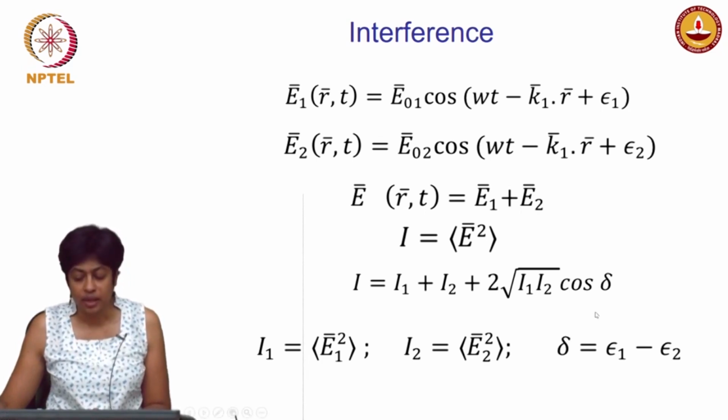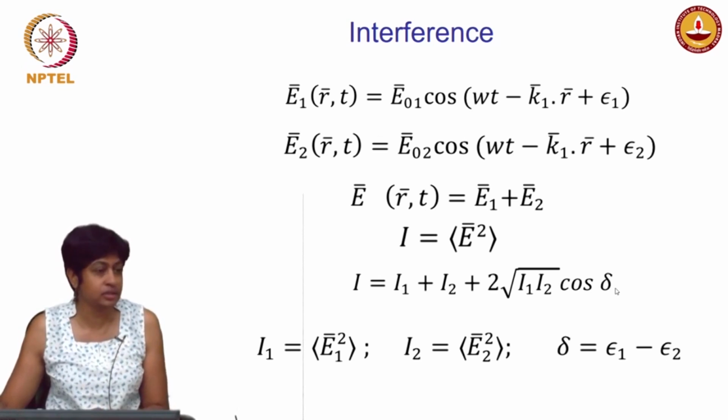Okay. So, this delta is nothing but the path length difference, or the phase relating to the path length difference of the two beams that are interfering.